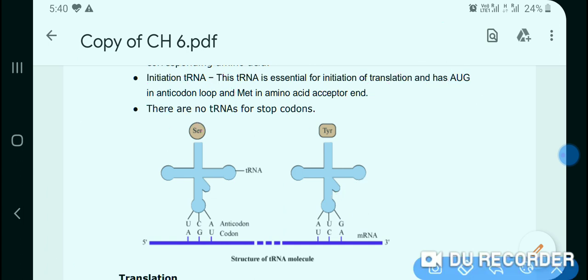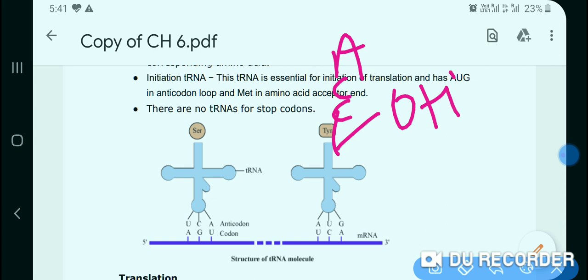So, the different arms. This is the amino acid binding arm or amino acid attachment site. At this site there is CCA, a combination of nitrogenous bases at the 3 prime end, and one functional group, hydroxyl.